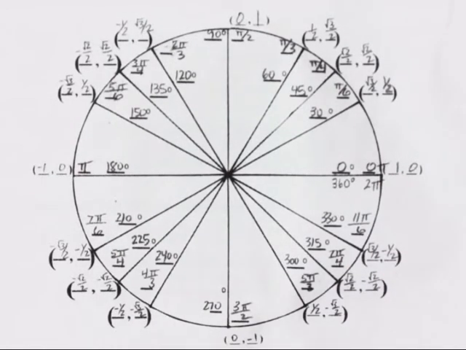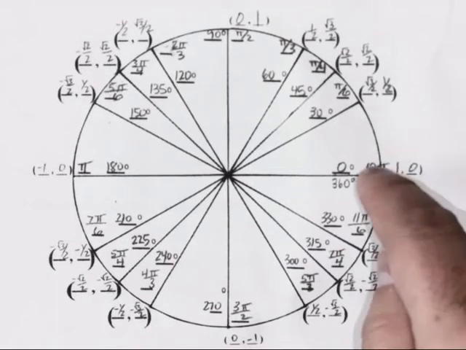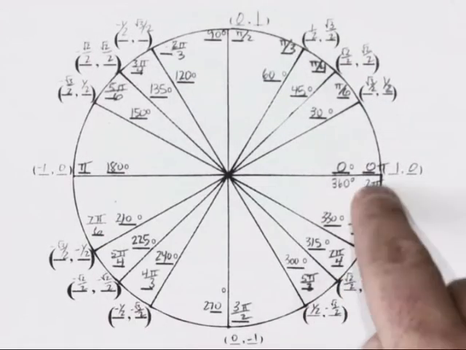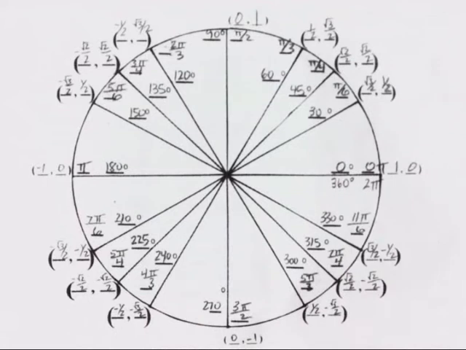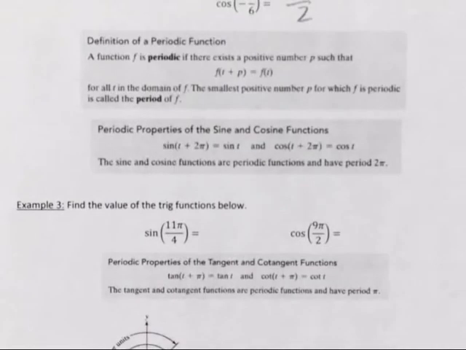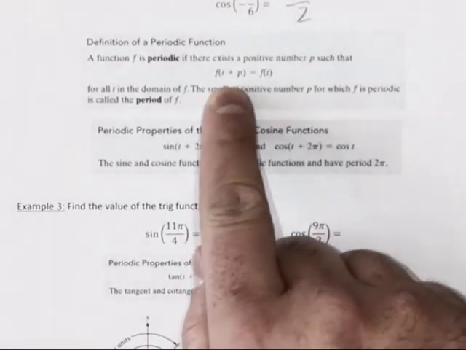If I have angle measures greater than 2 pi, those angles will be coterminal, so they have the same values of sine and cosine, and these values just repeat over and over again, depending on how many rotations you go through the unit circle. That's why cosine and sine are periodic functions, and they have a period of 2 pi. That's what this definition is describing.